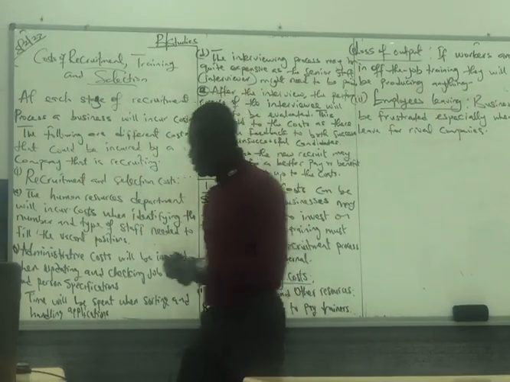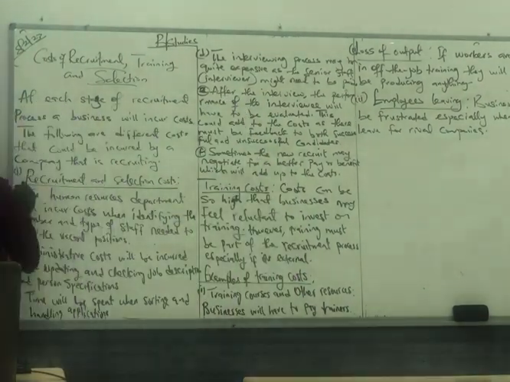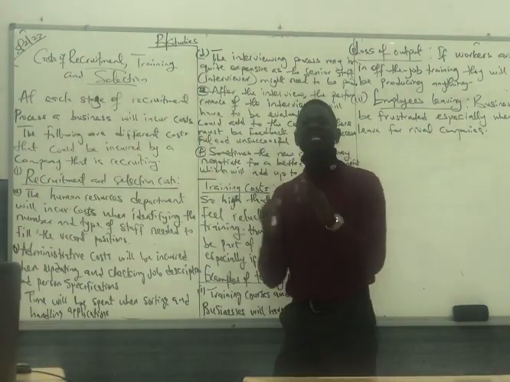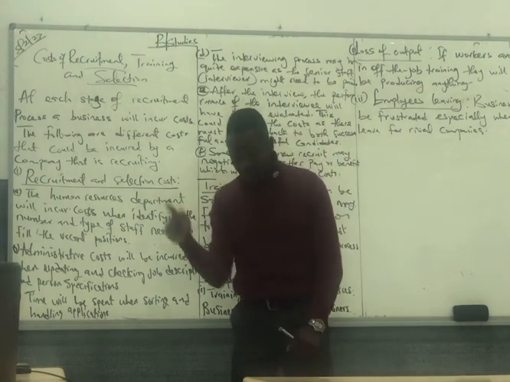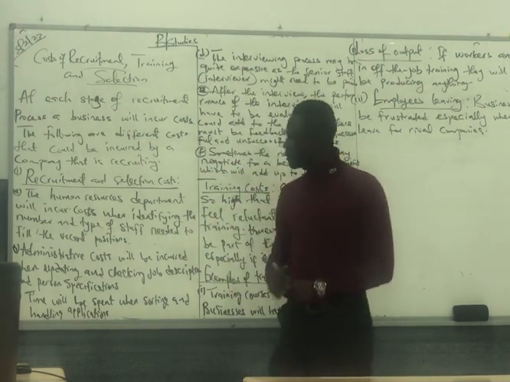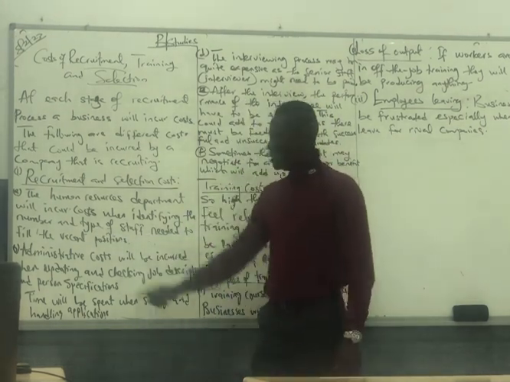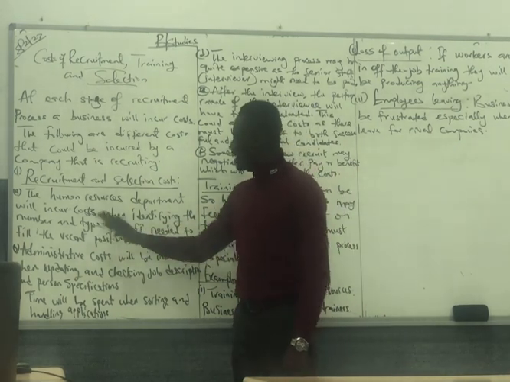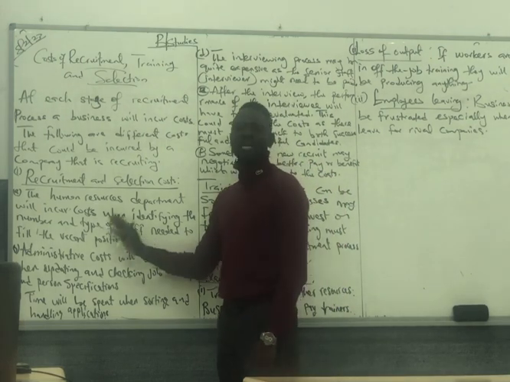The first one, recruitment and selection costs. When we talk about recruitment and selection costs, we're talking about the cost the business will incur during the process of recruiting the workers. So the human resources department will incur costs when identifying the number and type of staff needed to fill the vacant position.